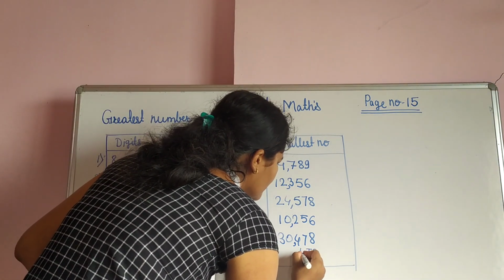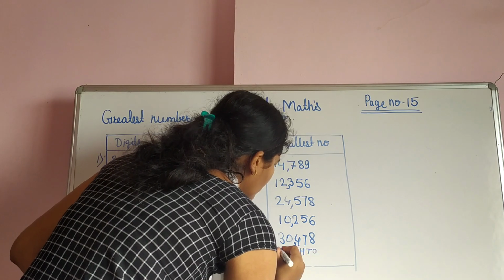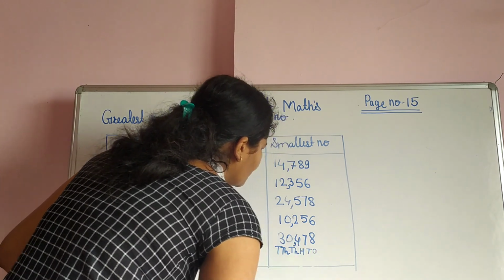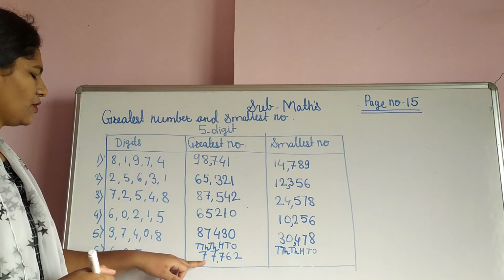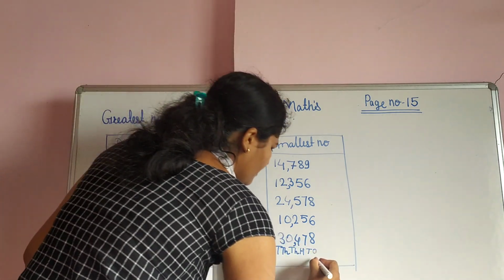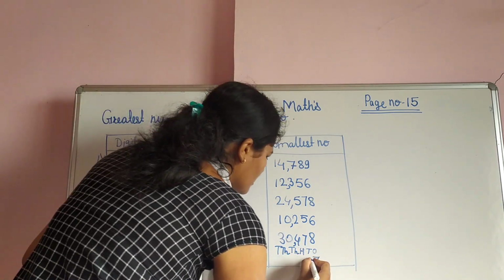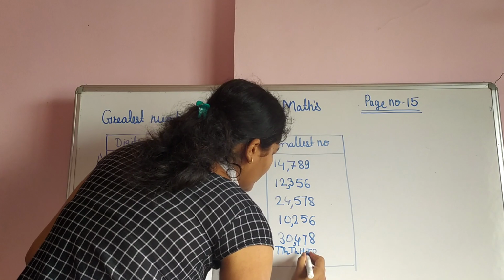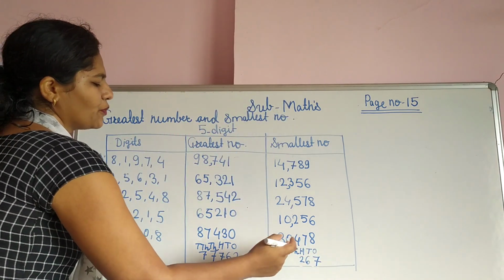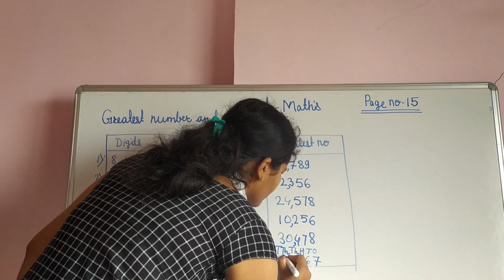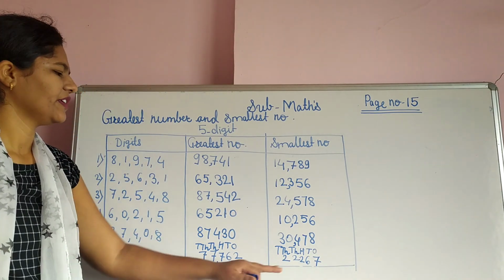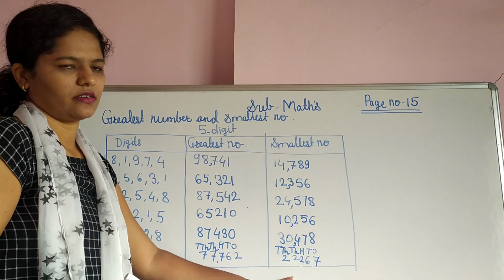Ones, tens, 100, 1000 and 10,000. So ones place which number will be there? That is a 7. Then next 6, 100 place 2 is there and for remaining 2 places write 2. So here we will get our smallest number.